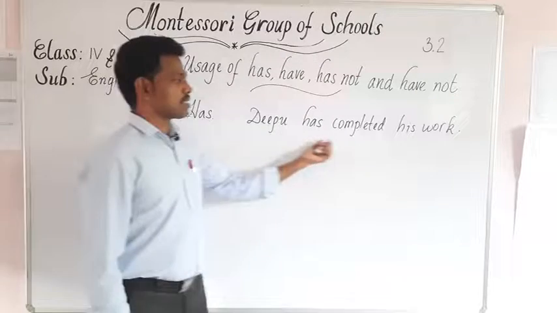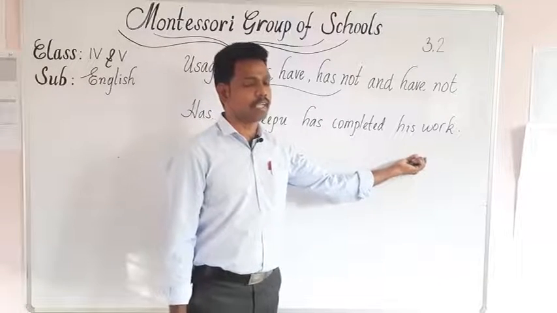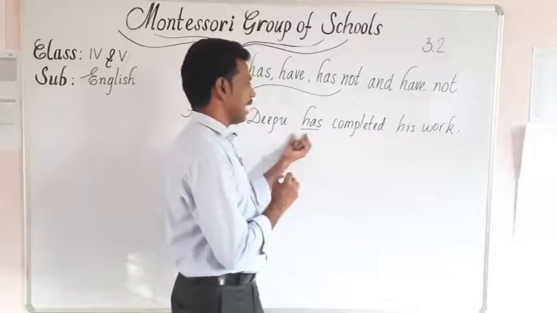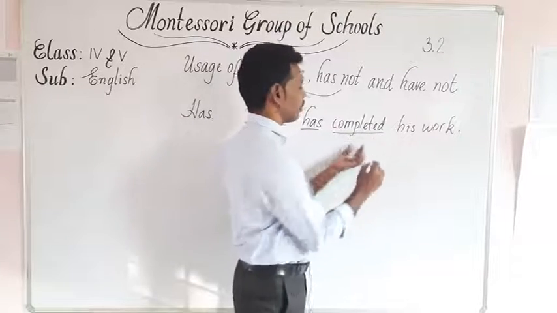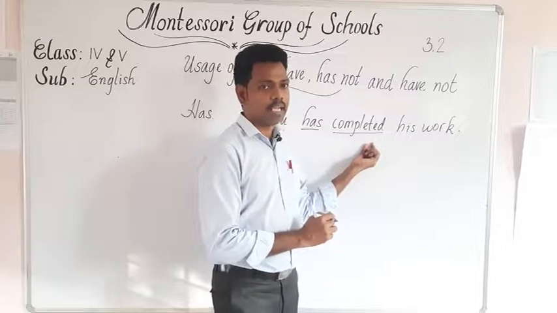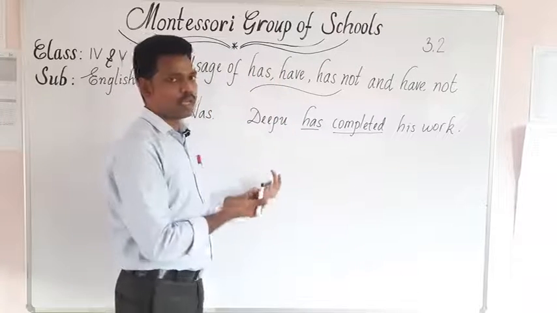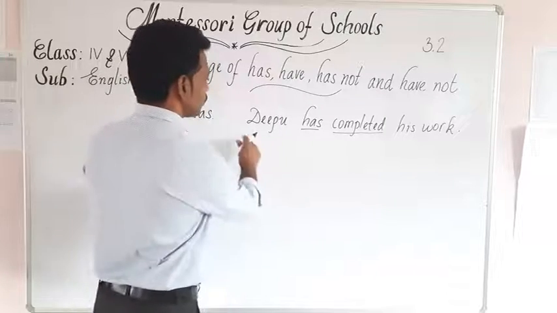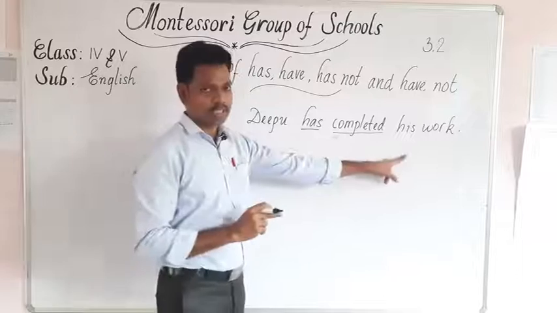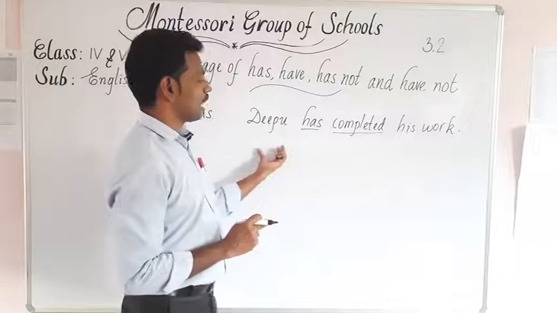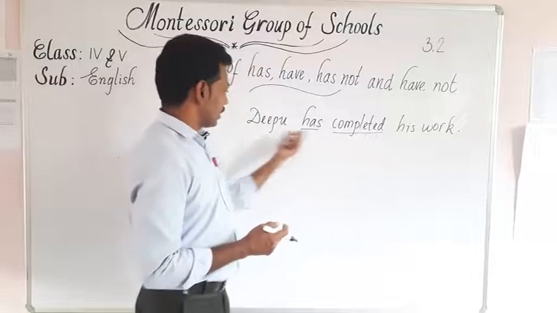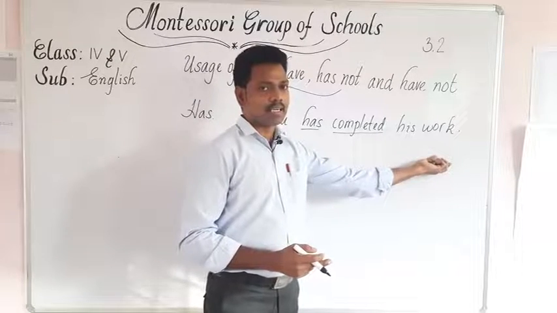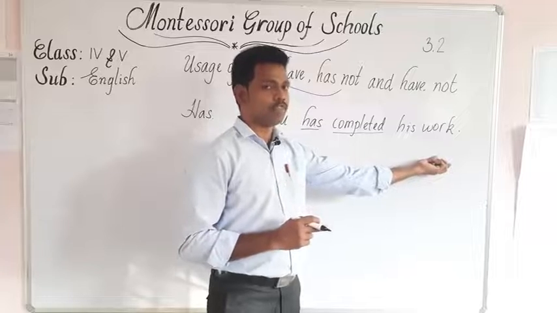So Deepu has completed his work. What kind of case it is? It is possessive helping verb. Here has is acting as a helping verb of completed. Okay. So when we want to change it into interrogative, how do we change it? So Deepu has completed his work. What is the negative form of Deepu has completed his work? Deepu hasn't completed his work, because it is in the case of helping verb.